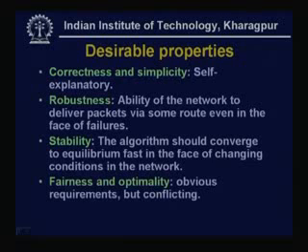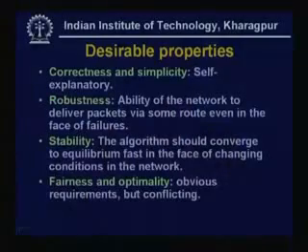Finally comes fairness and optimality. What is desired is that each and every station should have equal right to get a particular route for delivering their packets. But because of optimal routing, it may be necessary that some packets from a particular station are given some priority.